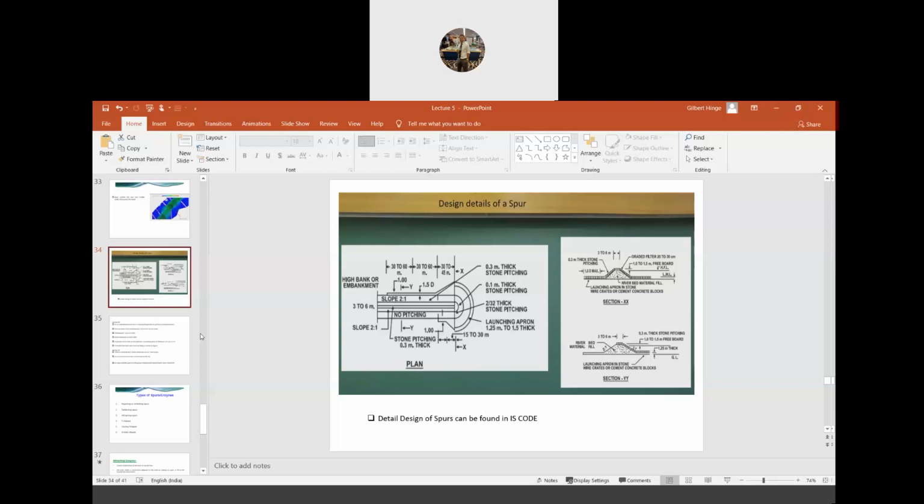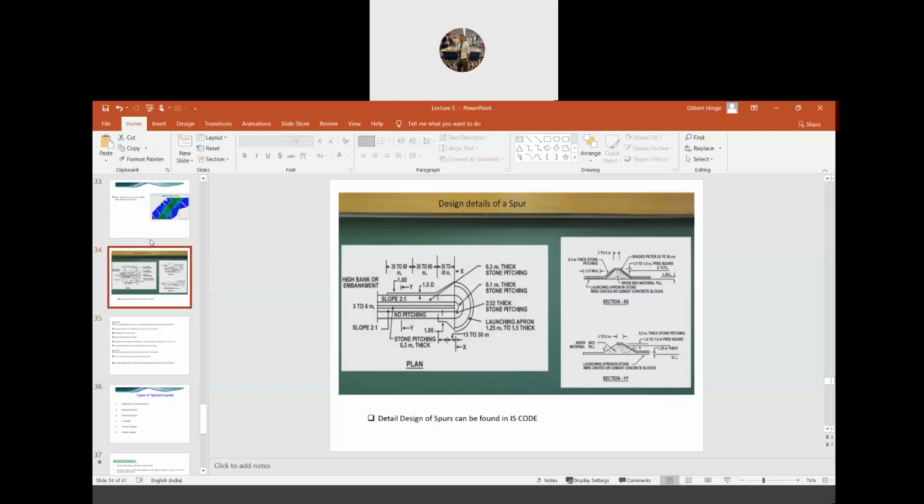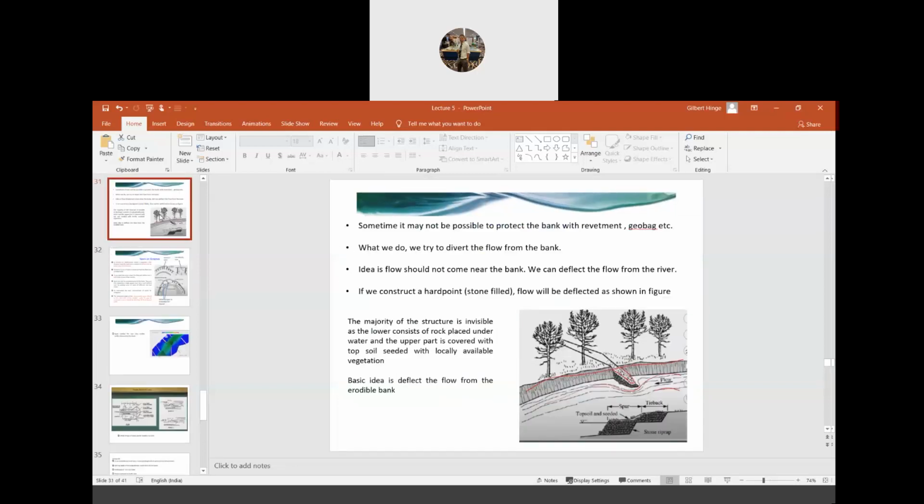So this spurs, if you look at it clearly, is nothing but an embankment with stone revetment. You just raise this portion and protect it with stones so as to deflect the water. This is basically a spurs.